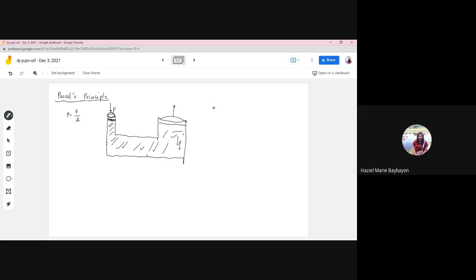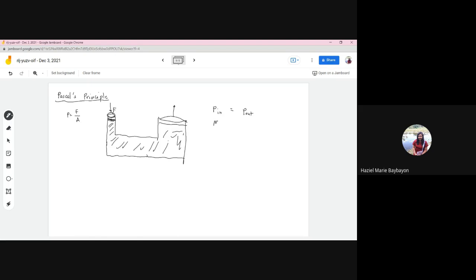Okay? Pascal's principle can simply be described mathematically by this: P in is equal to P out. So for this particular example, we have P in equals P out.